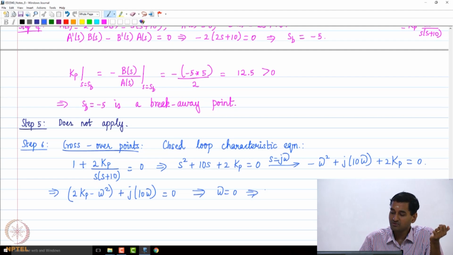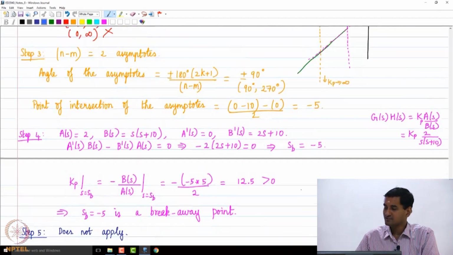If ω is 0, the real part gives 2Kp - ω² = 0; substituting ω = 0, we get 2Kp = 0, or in other words Kp should be 0. So ω = 0, Kp = 0 is the only crossover point.